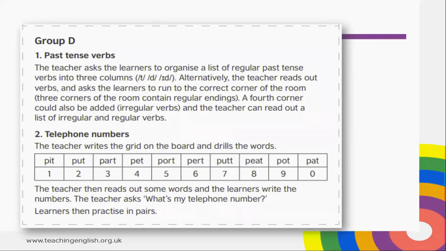Okay. As for the telephone numbers, in the primary stage, they have this kind of puzzle. You have a word with a certain number, or a sentence with some numbers, and they have to transform it into a word.